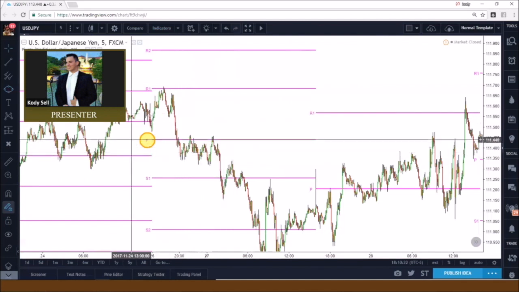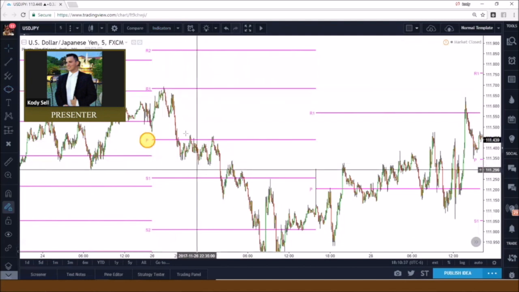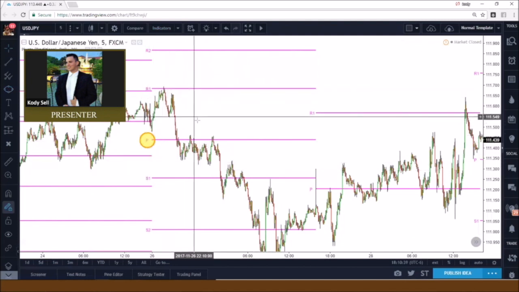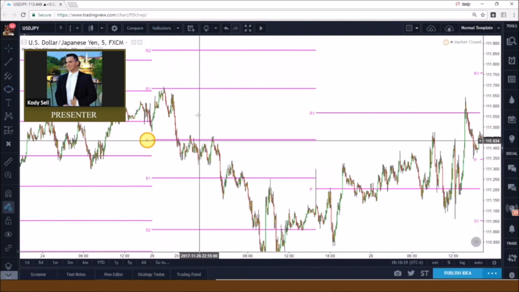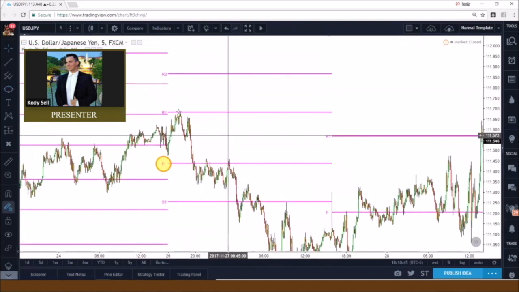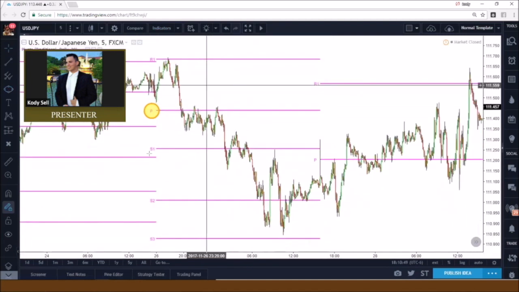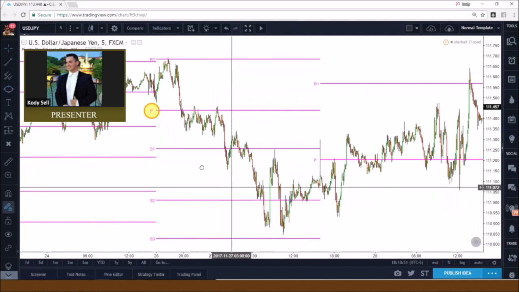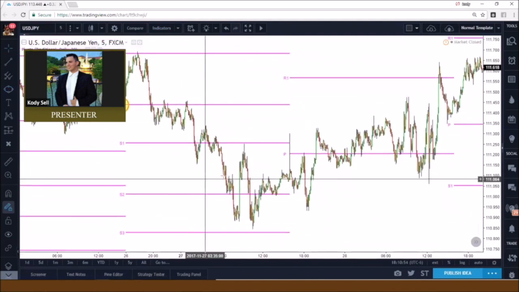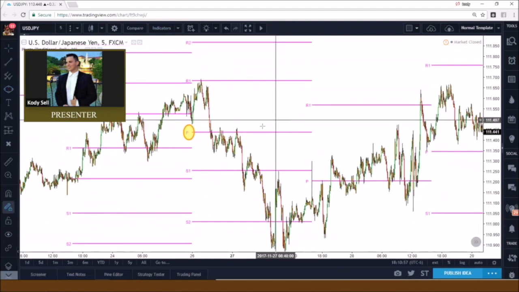That means price is going to open up somewhere in between P and R1 or P and S1. It's going to open up somewhere in this range, and P is considered our pivot, our center for the day. Now, R1 stands for resistance 1, R2 resistance 2, etc. And then S1 support 1, S2 support 2, etc. So again, support and resistance. These are institutional support and resistance levels.